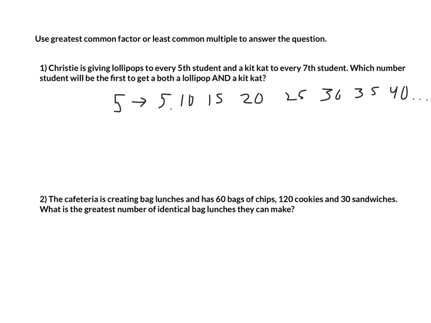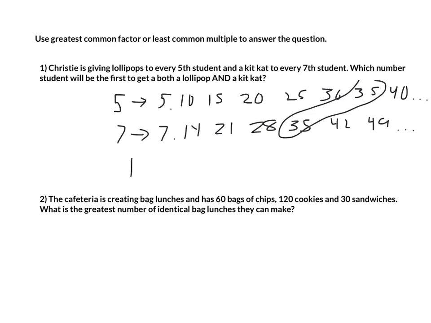And every 7th student, 7th student, 14th student, 21st student, 28th student, 35th student, 42nd student, 49th student, and on and on. I see that the first place they meet up is the 35th student. The LCM is 35. That's the first place that somebody will get both.